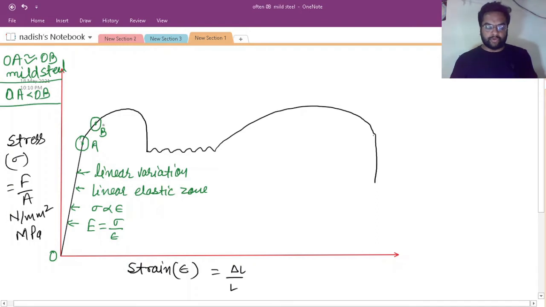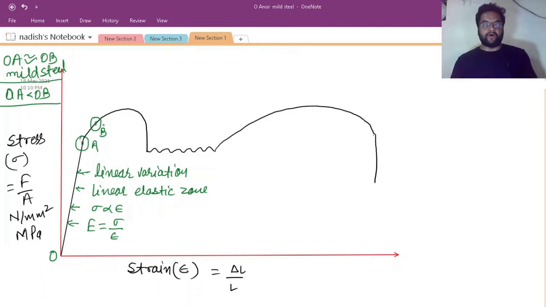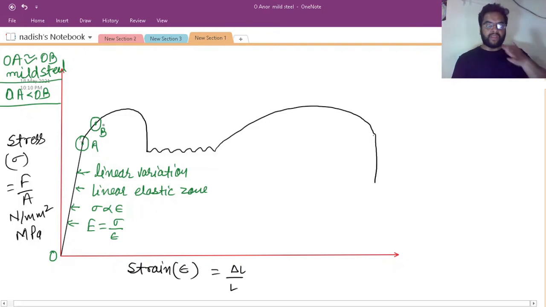In the real graph for mild steel, point B is very near to point A, but in other materials B is farther from A. To demonstrate points A and B, I have drawn point B far from A, but in actual condition they are very near.